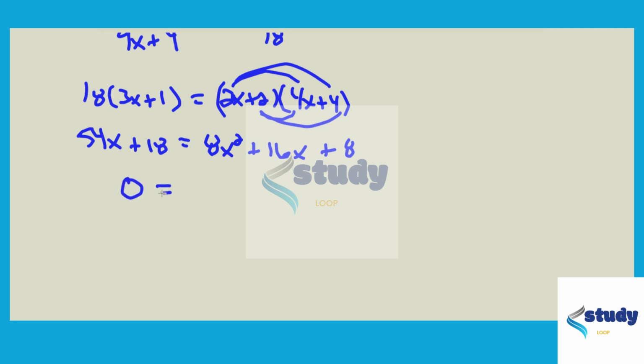Let's again get this all on the right-hand side. We'll have 8x squared. 16 minus 54 is negative 38x, and then subtract 18, we'll have minus 10.